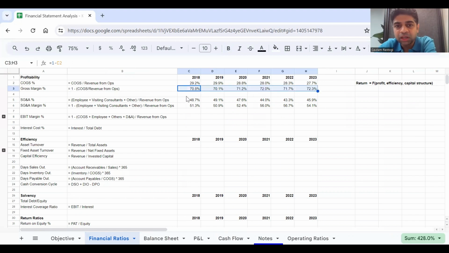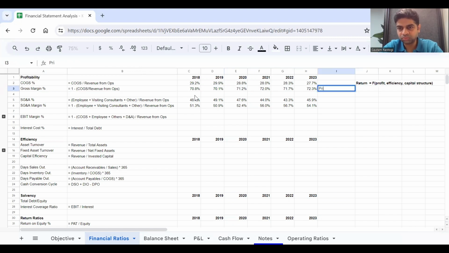If you see, the gross margin has been increasing. Typically when you have increasing gross margin, it gives the impression that the company has pricing power. The SG&A margin, the fixed cost, gave the impression that the company has operating leverage, with reducing fixed costs.